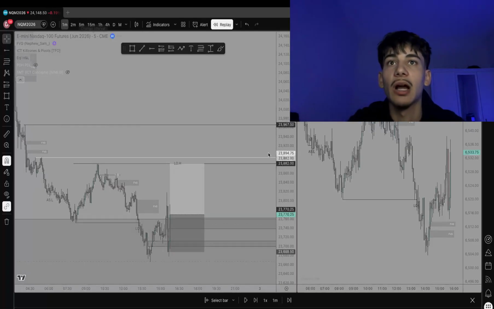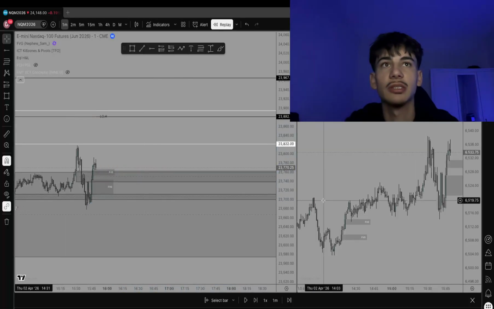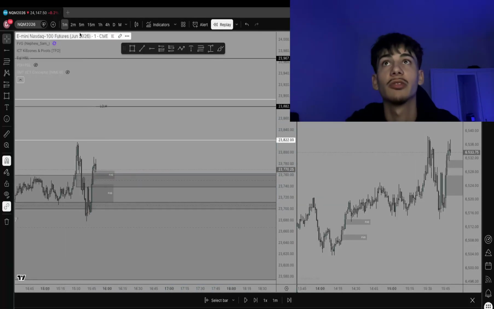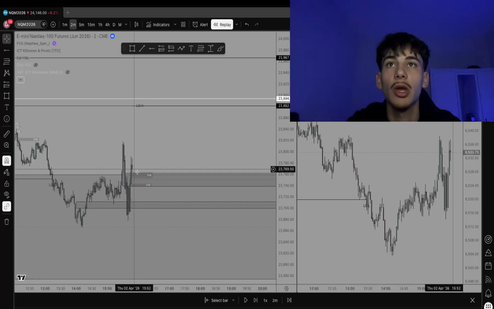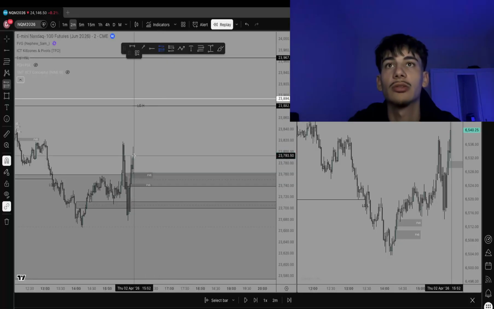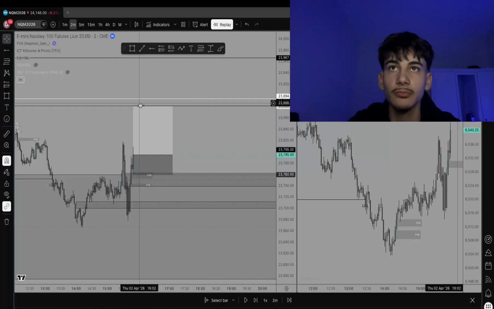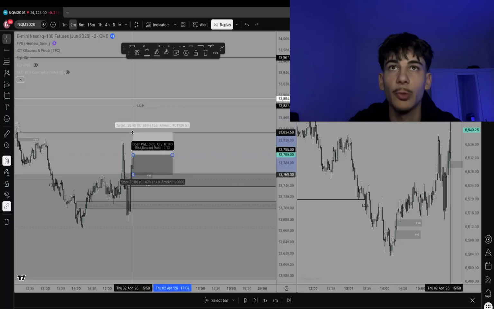But also on the 1 minute, or even on the 2 minute, I like the 2 minute, to be honest, we had another gap. We tapped into the gap really nicely with a confirmation candle. You could have done something more risky like that, or just targeted a 1-to-1.